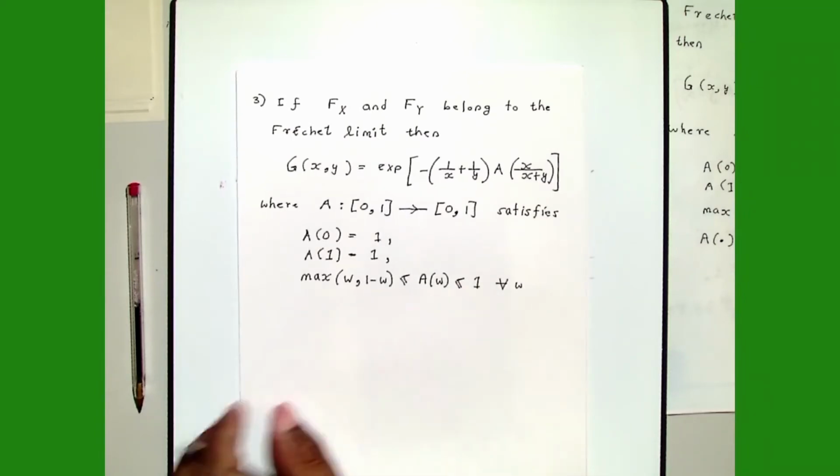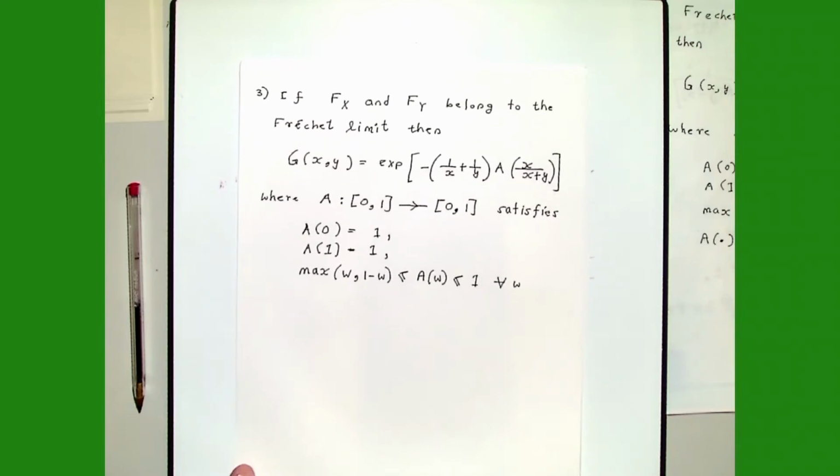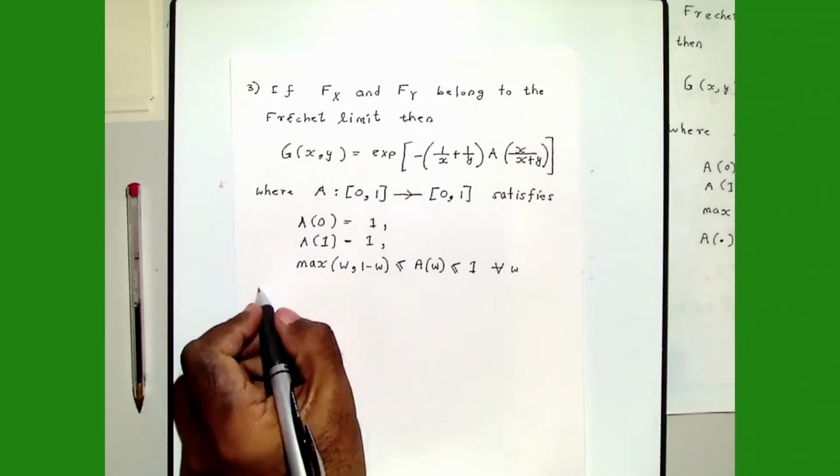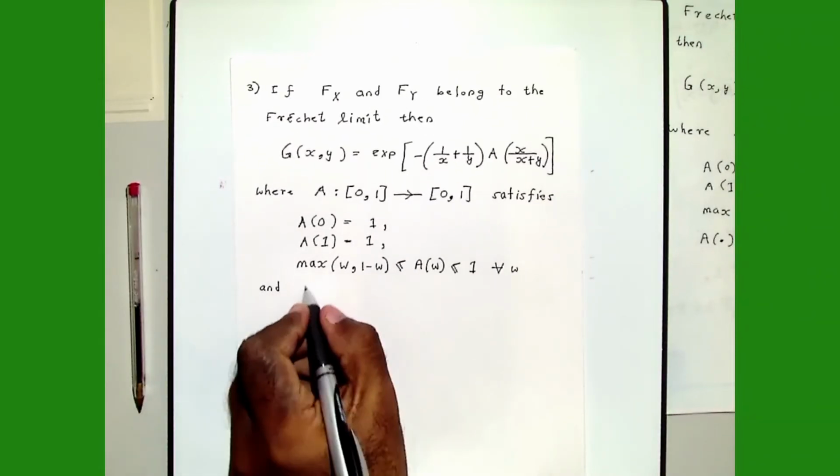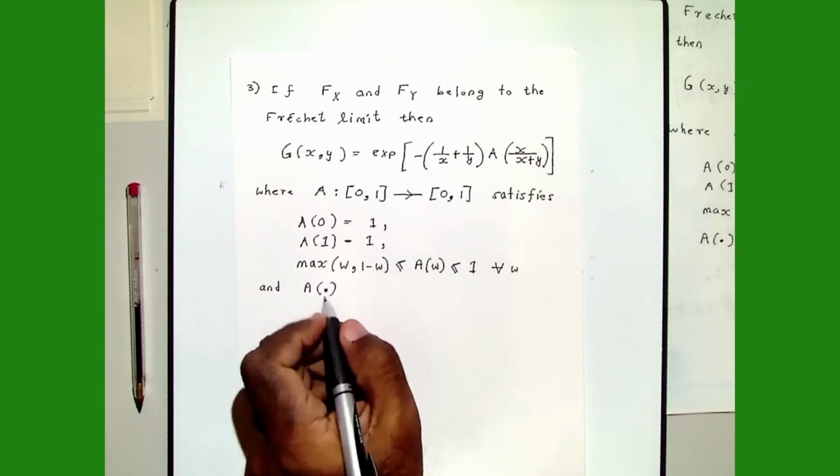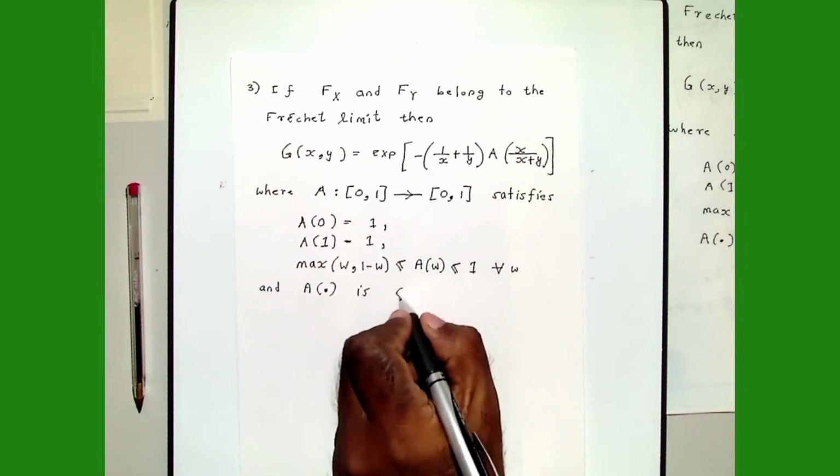A must lie between these 2 for all w, and finally A must be a convex function.